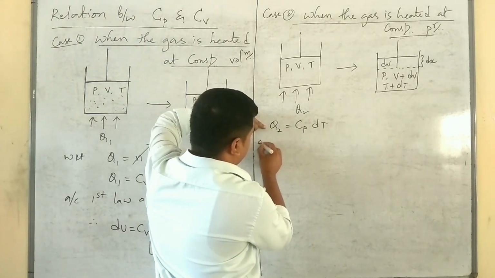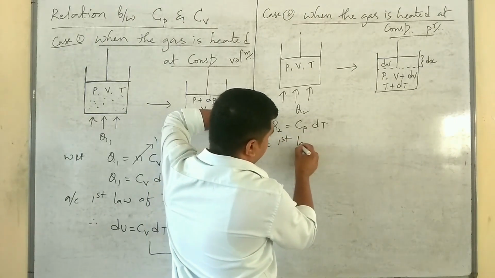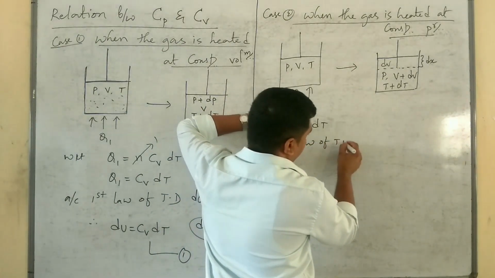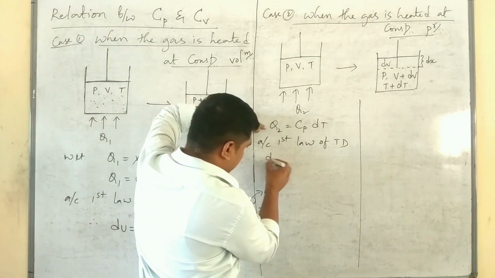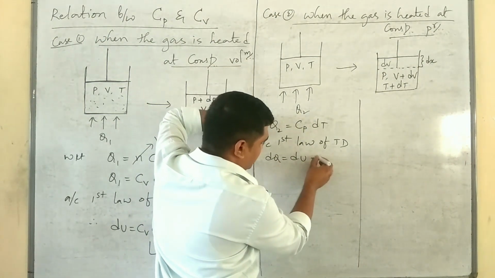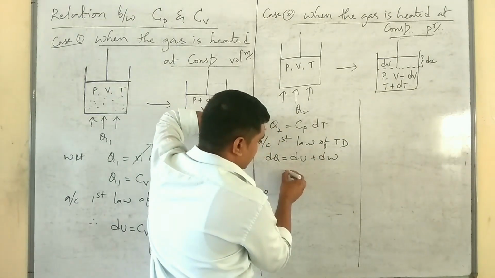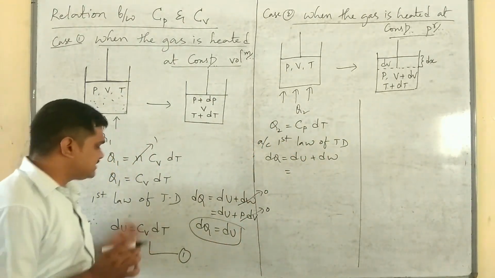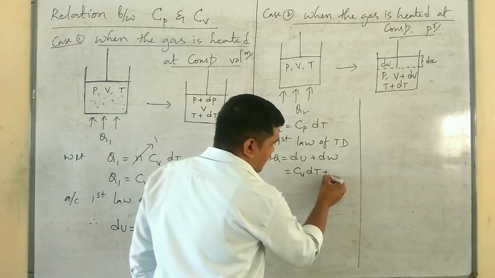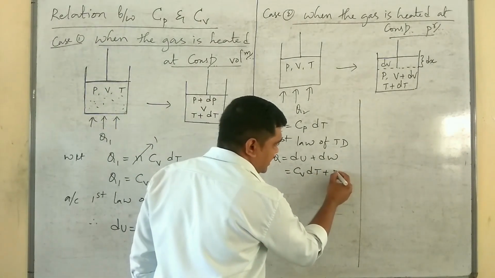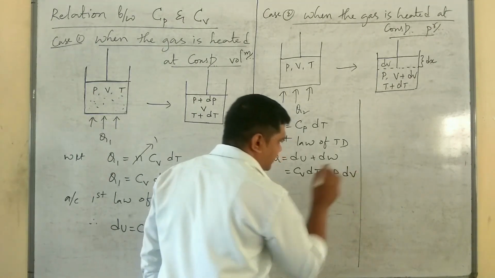We can write dQ is equal to dU plus dW, and the value of dU is Cv dT from equation 1, and the value of dW is P into dV.